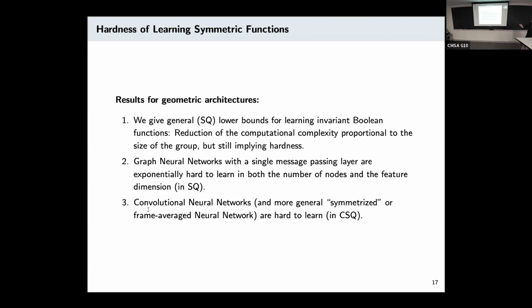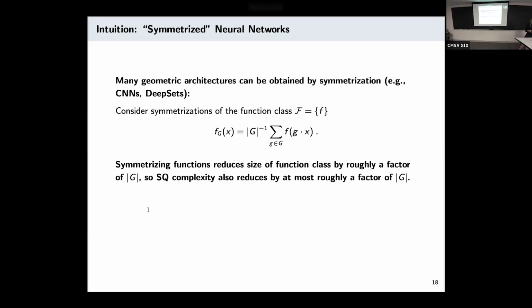And on that one, I want to give some more intuition, or illustrate the intuition of these results. I'm not going to give too much detail on the graph neural network setting, because the construction is a bit more technical and probably beyond what we could even give intuition on in a talk like this.